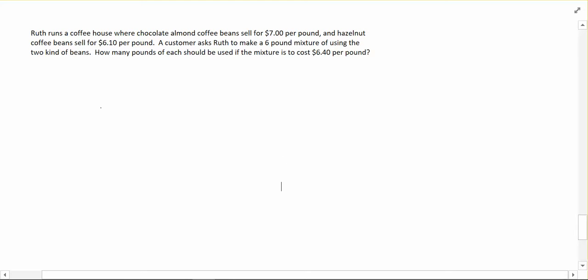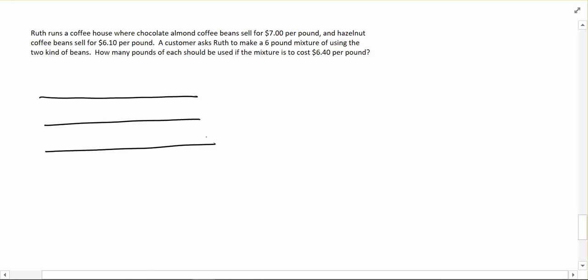So again, I'm going to use a table to solve this. So we have 2 kinds of coffee, almond and hazelnut, and we have a mixture.